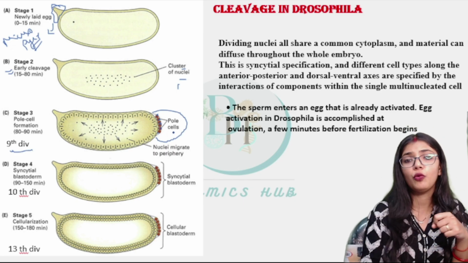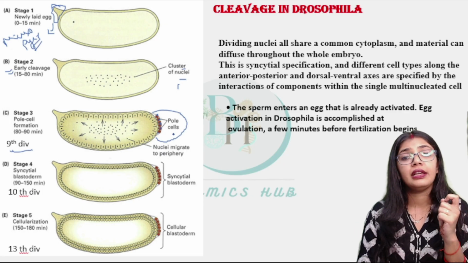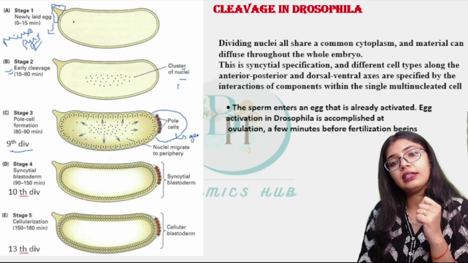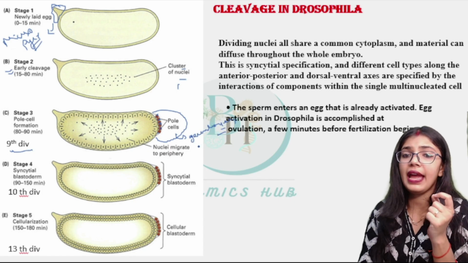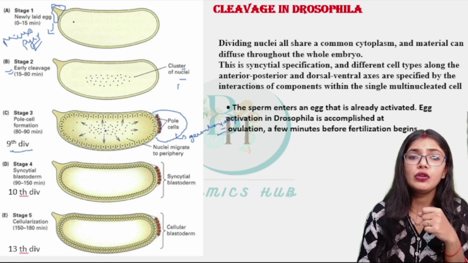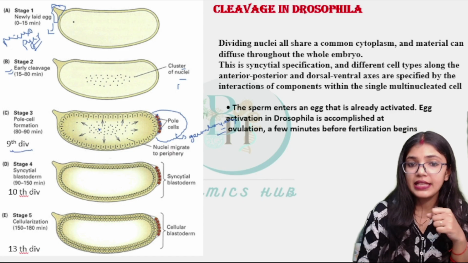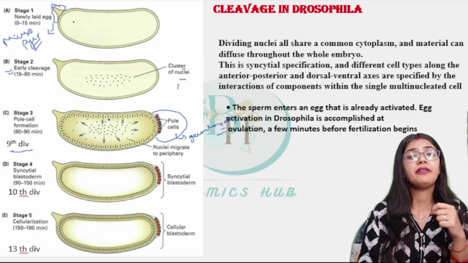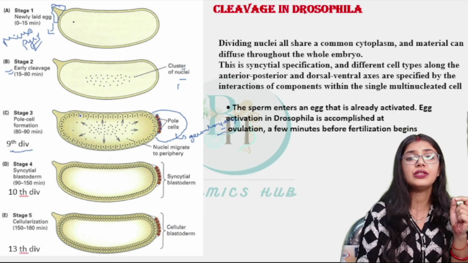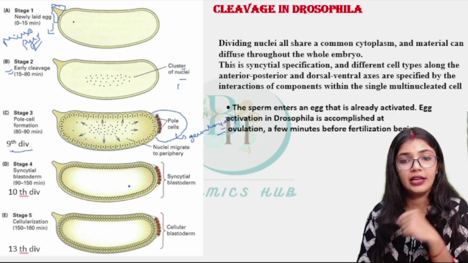These are known as the pole cells, from which the germ layers can be formed. From here the egg or the sperm can be produced. The other cells present will migrate towards the periphery. Till now there is no cytoplasmic division.